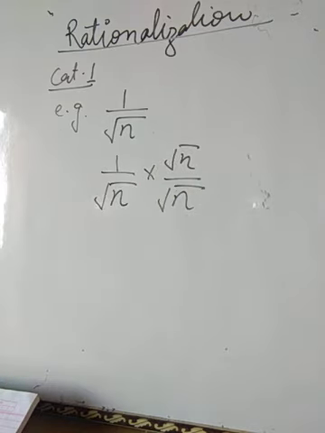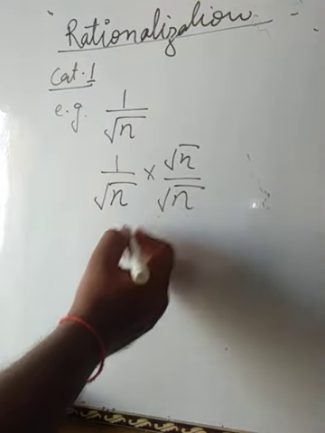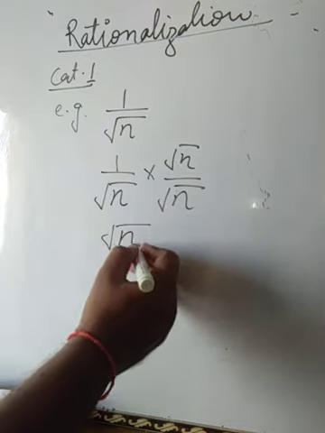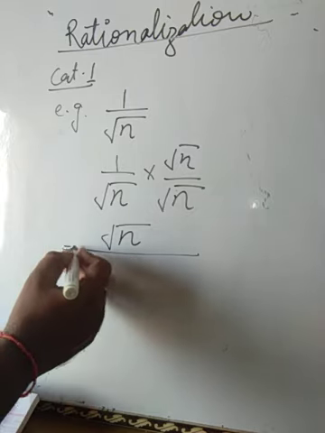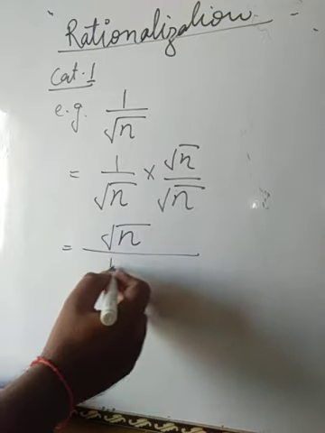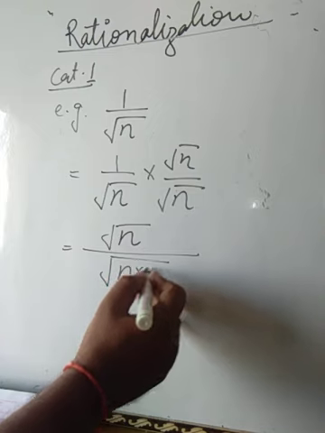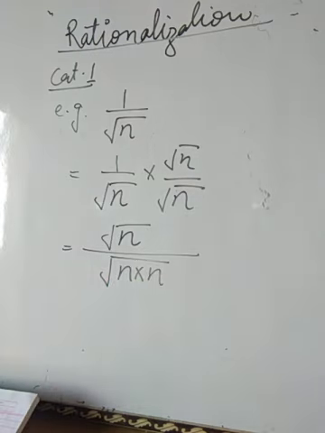I have multiplied numerator as well as denominator both by root n because in class 8th there is a rule of ratio and proportion: if I multiply both numerator and denominator, the ratio remains constant. That's why I did it, correct? 1 into root n is root n, and the denominator is under root n into n.